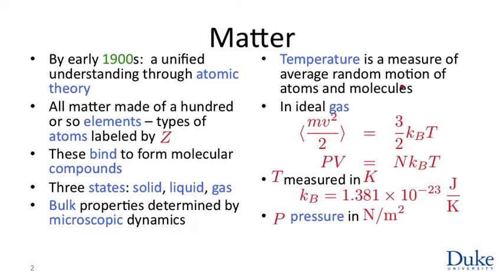For example, in an ideal gas, a gas made up of atoms or molecules that have no internal degrees of freedom and are just non-interacting and bumping off each other and the walls, you can show that the average kinetic energy of a molecule or atom is proportional to the temperature.